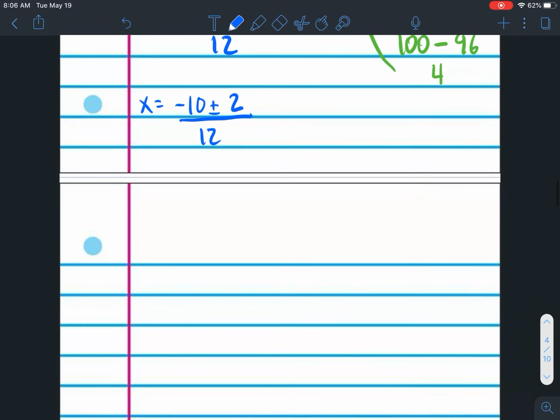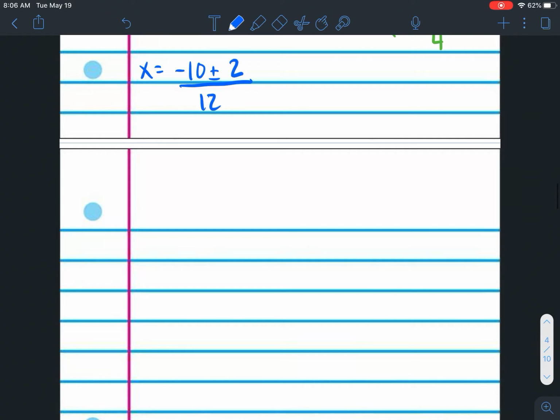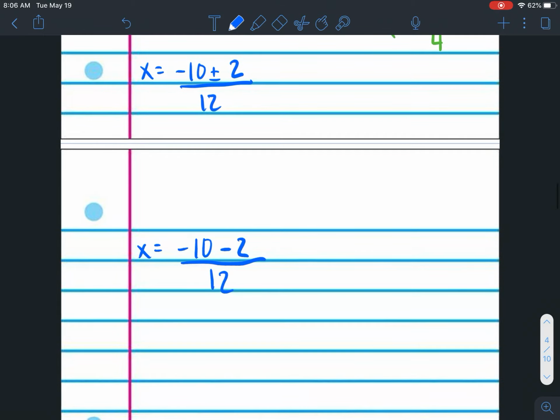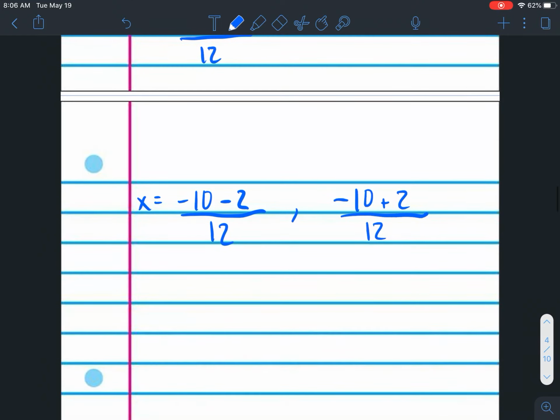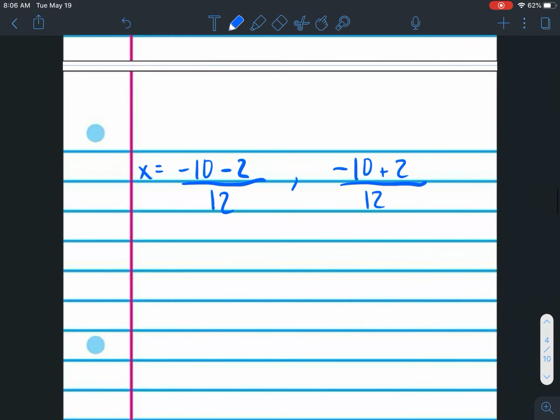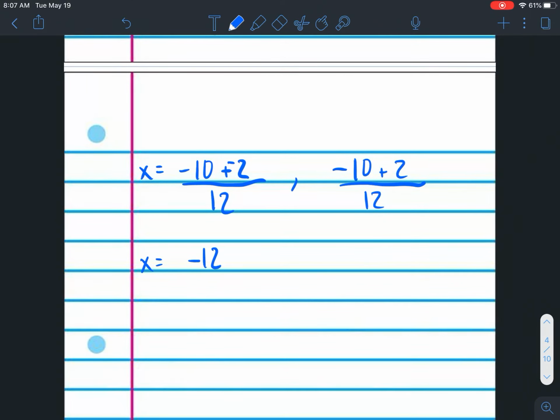Now, with that being said, we have two answers, so we need to break it up into two different pieces. X is equal to negative 10 minus 2 over 12, and negative 10 plus 2 over 12. Negative 10 plus negative 2 is negative 12 over 12, and negative 10 plus 2 is negative 8 over 12.